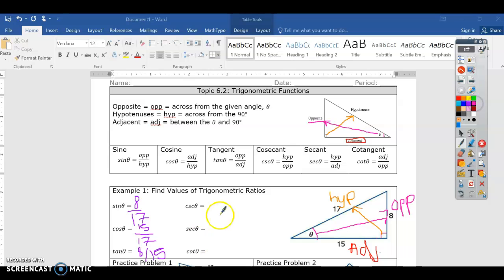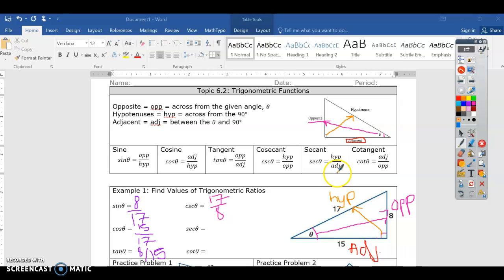To do the last three, you can either memorize the formulas or just know that cosecant is the reciprocal of sine. If sine is 8 over 17, then cosecant is 17 over 8. Or you can know that cosecant is hypotenuse over opposite: hypotenuse is 17, opposite is 8.